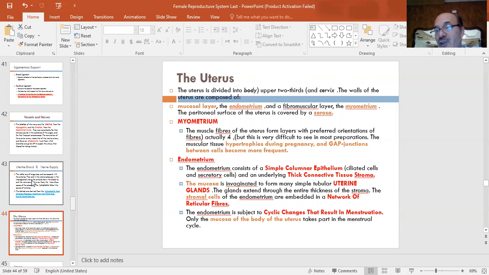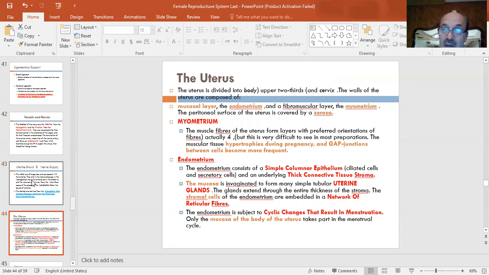The myometrium is a muscular layer of smooth muscle, and it is very thick. As I spoke about smooth muscle in the first year, one of the main properties of smooth muscle is the ability to undergo hypertrophic and hyperplastic changes. For example, in the uterus, as the fetus grows, you need the wall of the uterus to become thicker in order to support the structure of the uterus. So there will be an enlargement of the size of the smooth muscle cells.